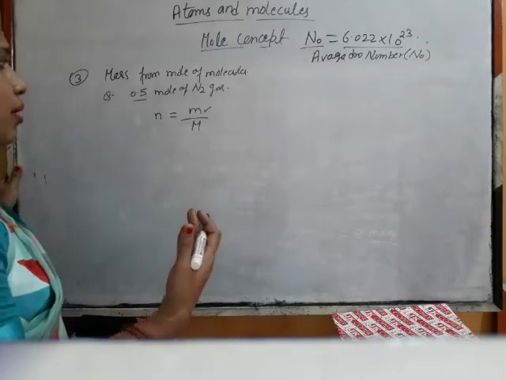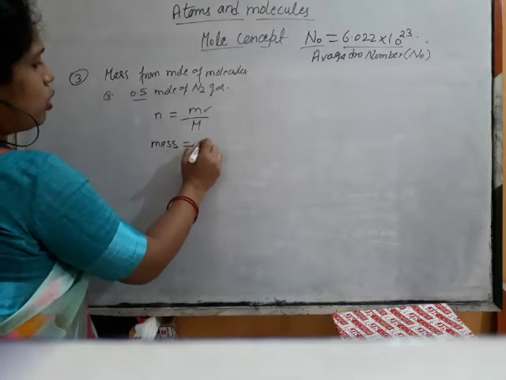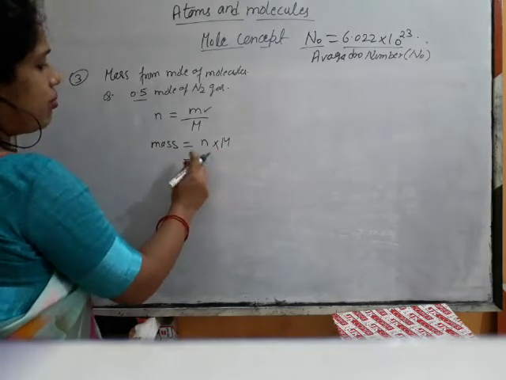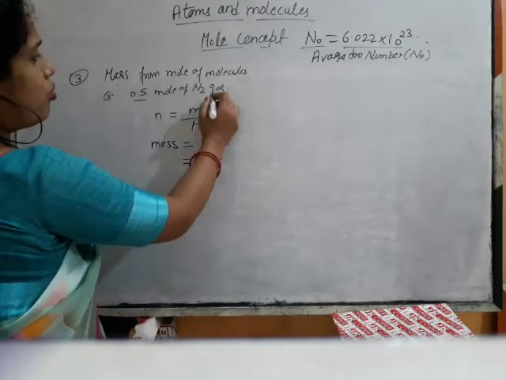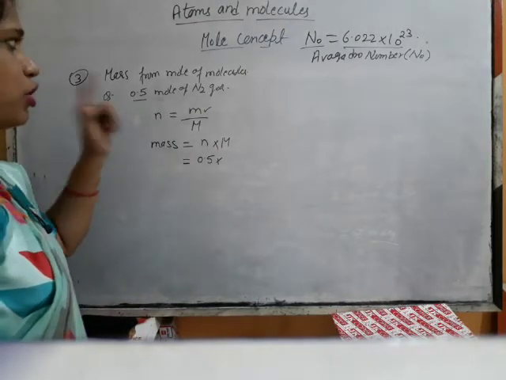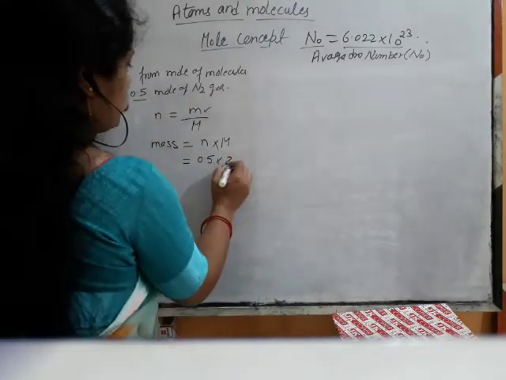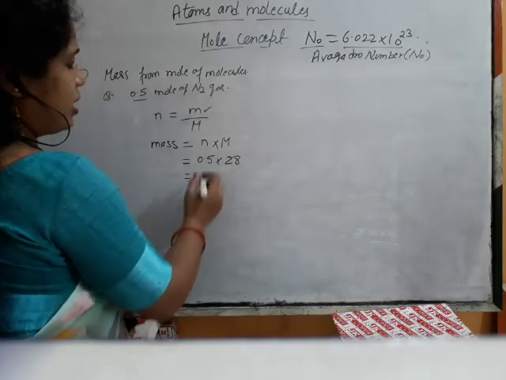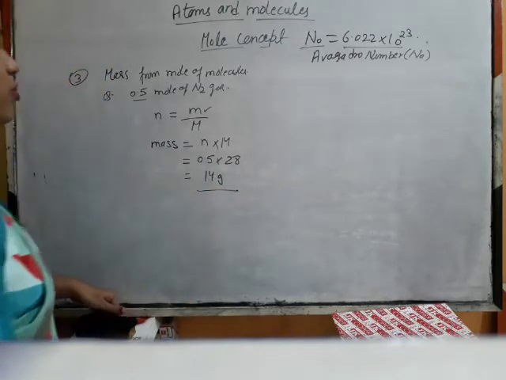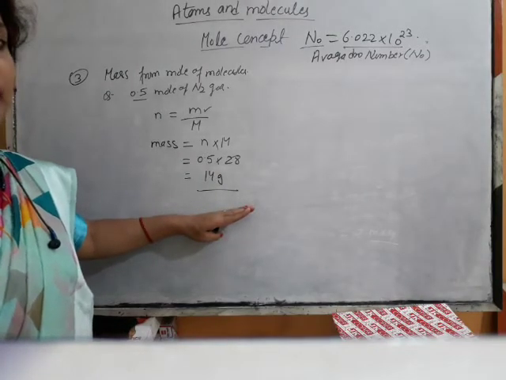So the mass will be equal to the number of moles given times the molar mass. The number of moles is 0.5 and the gram atomic mass of nitrogen is 14. Here there are 2 atoms of nitrogen, so 14 into 2 is 28. If you calculate, the value will be 14 grams. So half a mole of nitrogen gas has a mass of 14 grams.